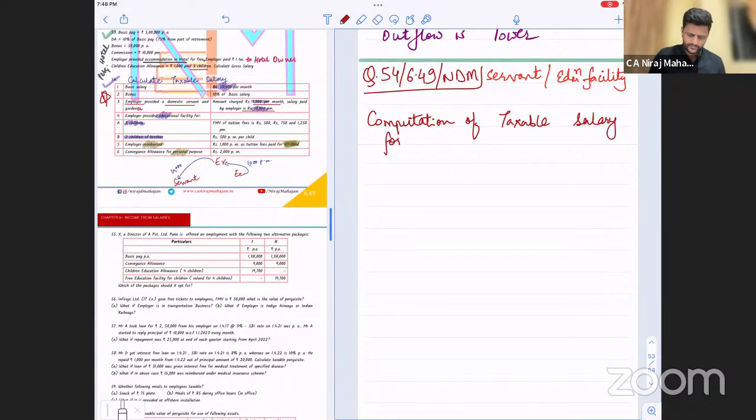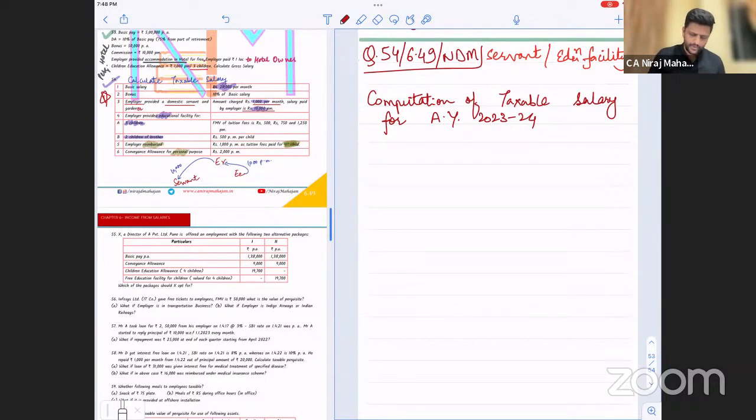Okay, for AY 2023-24. Yes, Indrajit, both rules, 33, 35, all of that will come. Particulars, rupees.